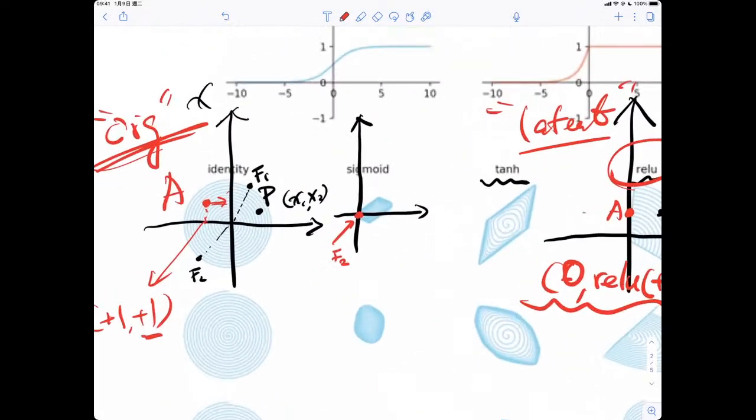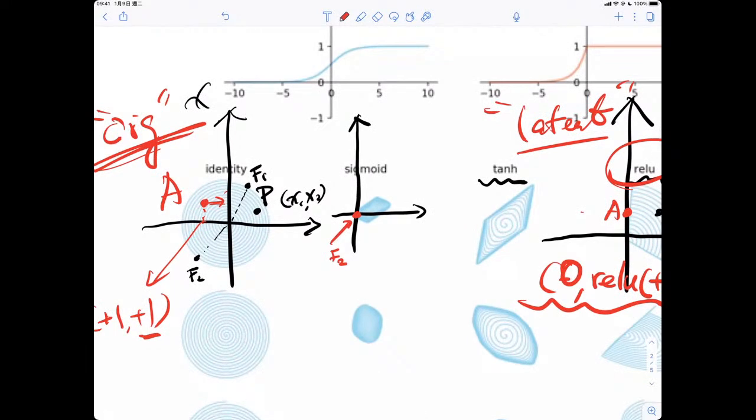For example, for the hyperbolic tangent, data which is far away from the original data point will be squeezed to here, but data which is very close to the original data point will stay in its original place.